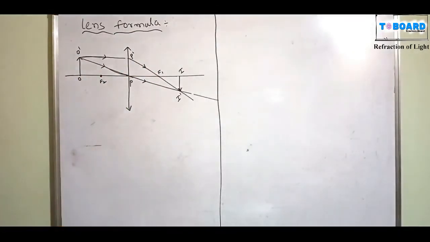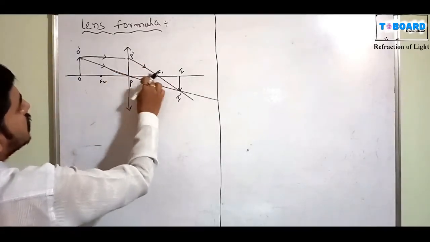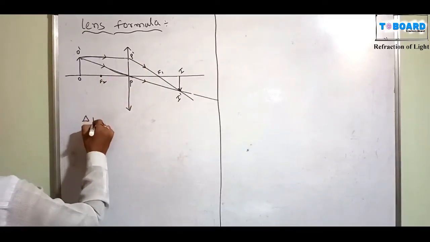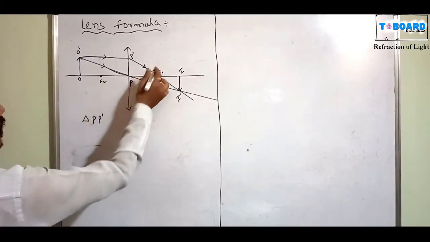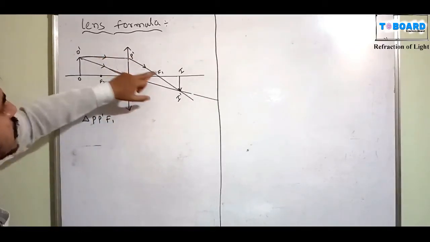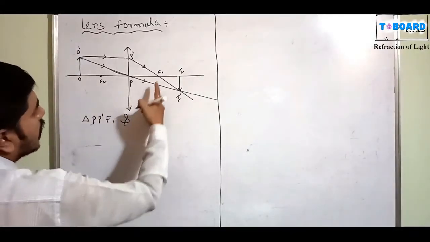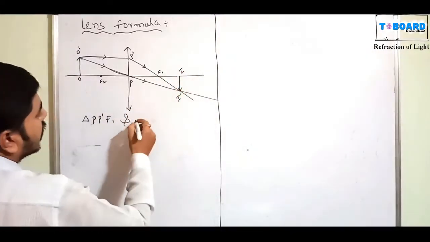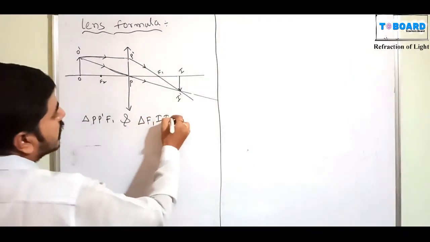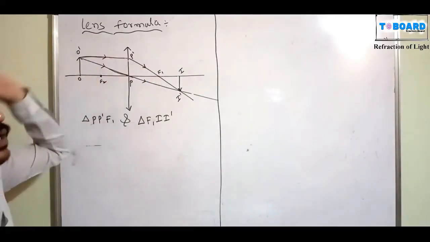Now I will consider that. P dash F1 is one kind of triangle, so I will consider triangle P dash F1, and the next one is triangle F1 I dash. These are two different triangles, and they are similar triangles.